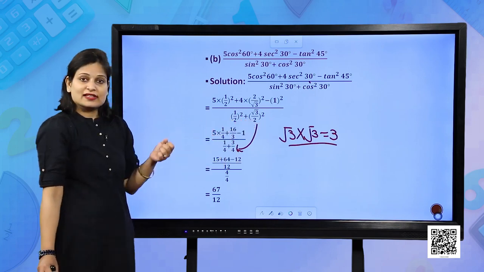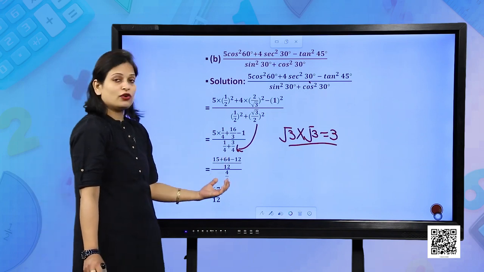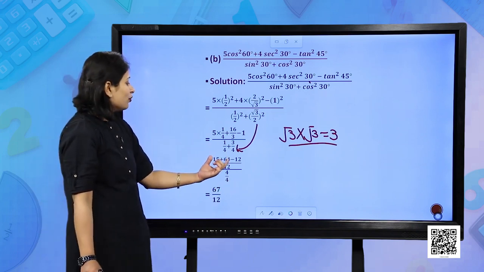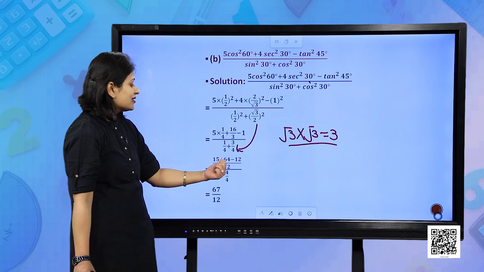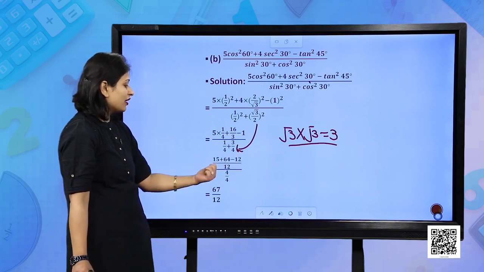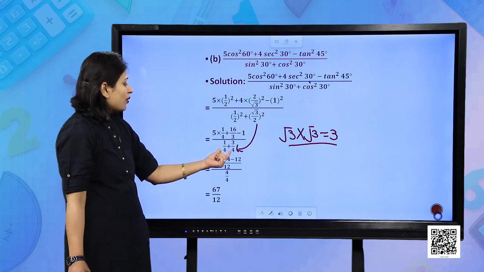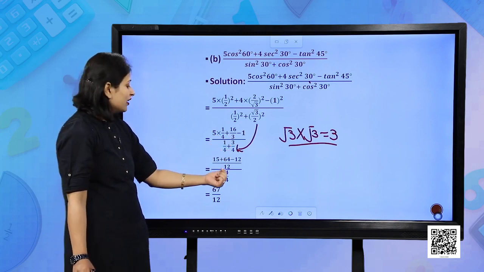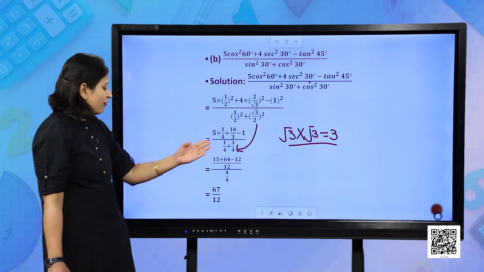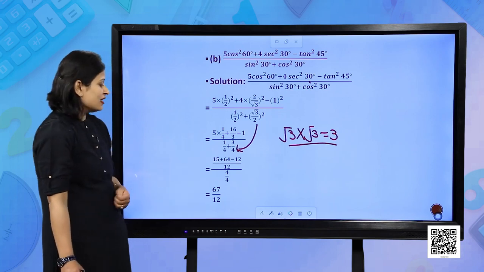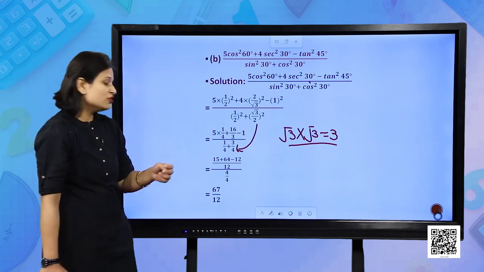Now, after taking LCM in the numerator and denominator separately, you will get 15 plus 64 minus 12 divided by 12 because LCM of 4 and 3 is 12. Here you have LCM as 4, you will get 4 upon 4. So, after solving you will get the value as 67 by 12.